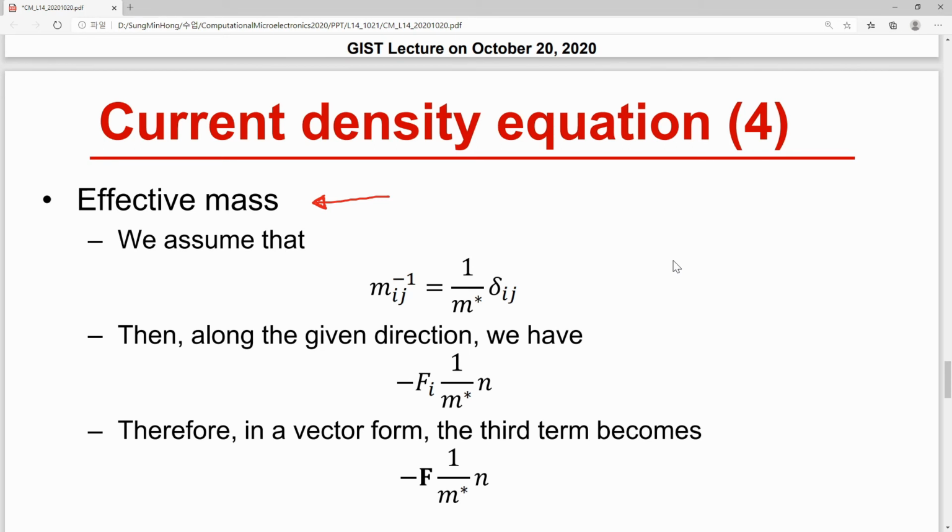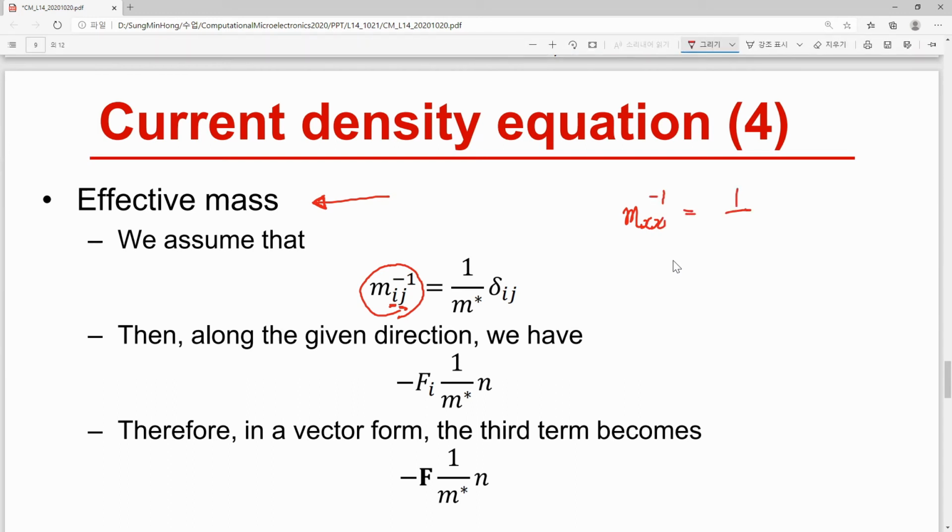The inverse mass can actually have non-zero values for any index pair ij. However, we will say that the inverse mass xx is just 1 over m star, and yy is just 1 over m star, and zz is also 1 over m star.